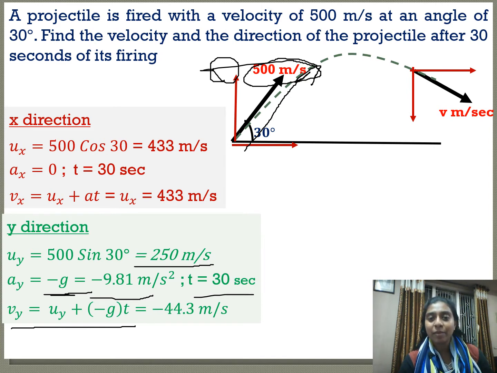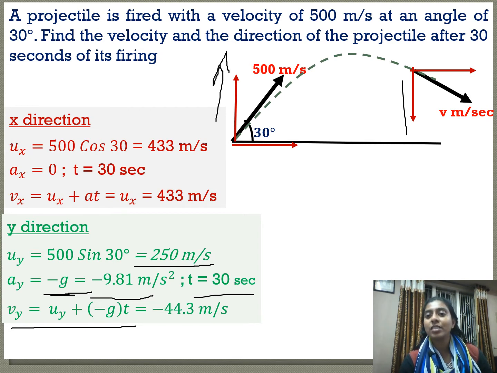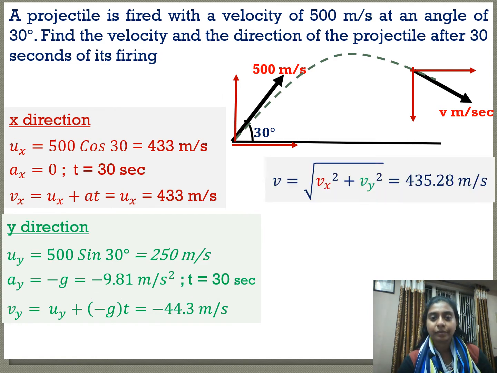You can see it from the diagram also: at the initial point the y component of velocity is upwards, here the y component of velocity is downwards. So automatically it is minus 44.3 meter per second.